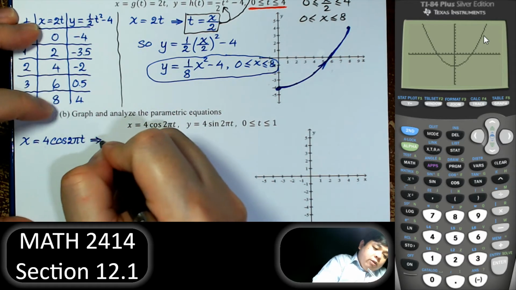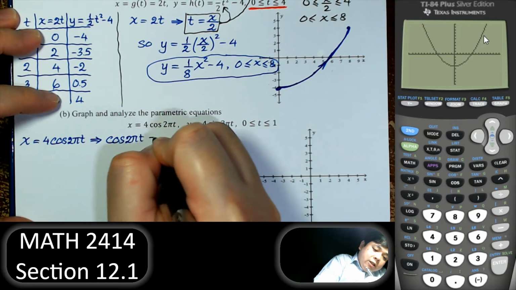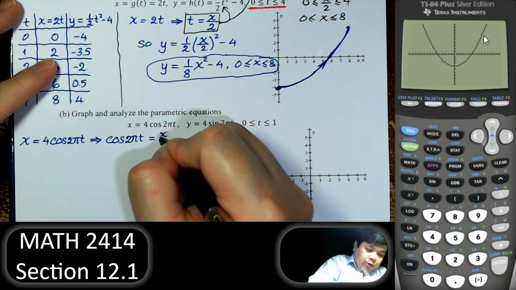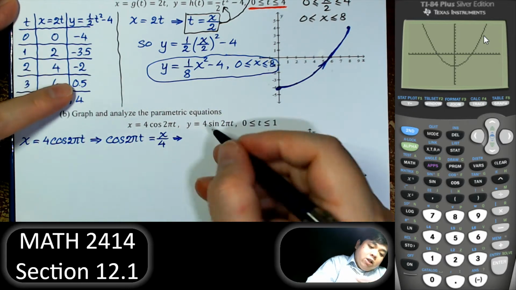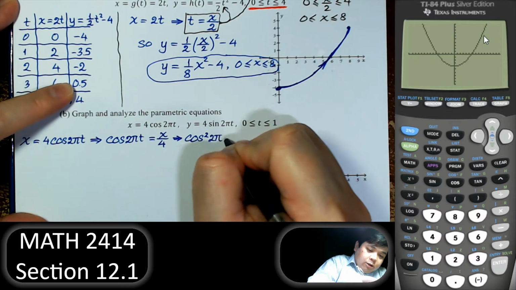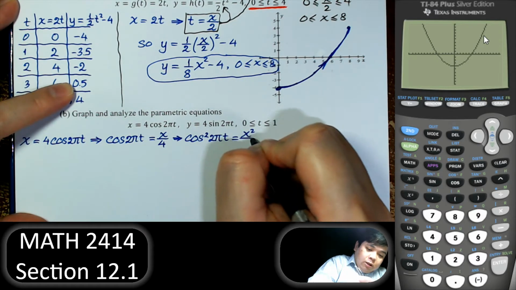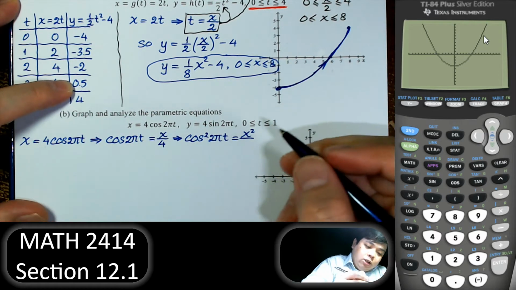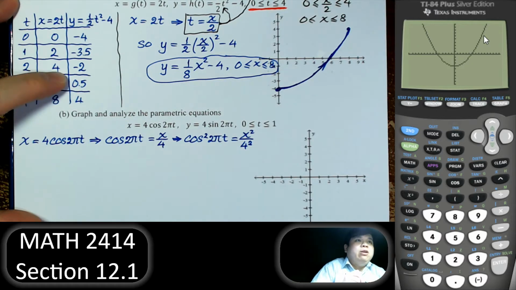Start with x equal to 4 cosine of 2 pi t. Let's solve for cosine of 2 pi t, which is equal to x over 4. Square both sides: x square over 4 square. I'm just going to keep 4 square for now.